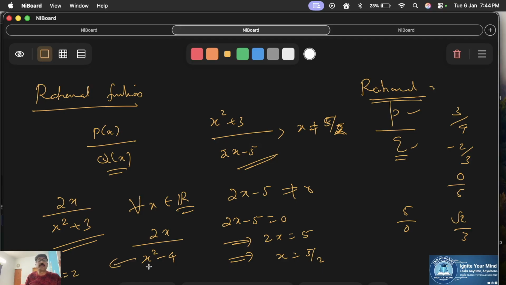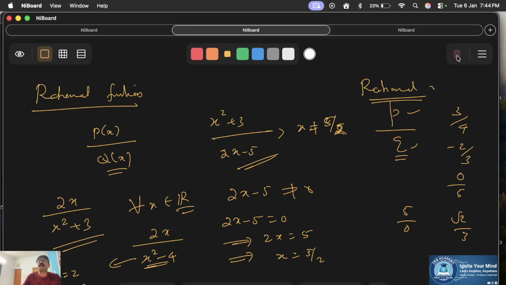When x is equal to 2, you can see that the denominator is 0. For x equal to minus 2, also the denominator is 0, so it is not defined there either. So, except qx not equal to 0.